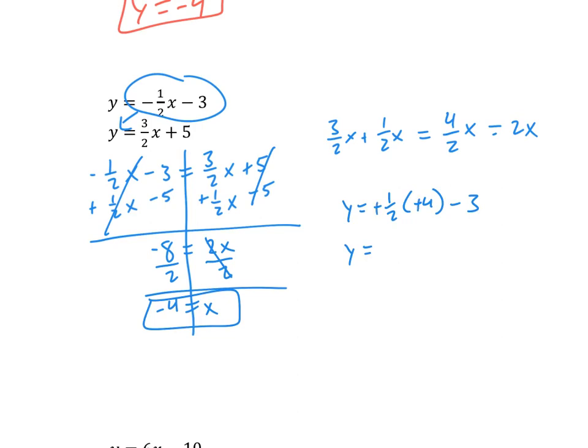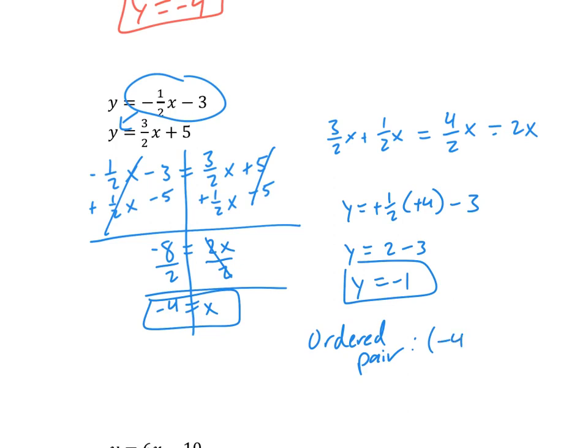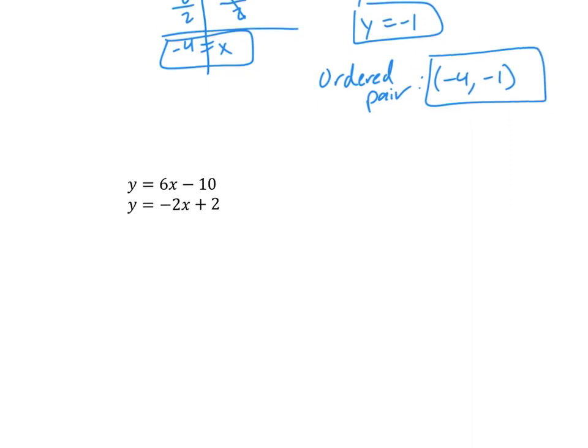And half of 4 is 2, so we get 2 minus 3. Y is equal to negative 1. So our ordered pair, that's our solution, is going to be negative 4, negative 1. And if we substitute that in, we could check our answer, but I'm not going to do that right now for the sake of time.